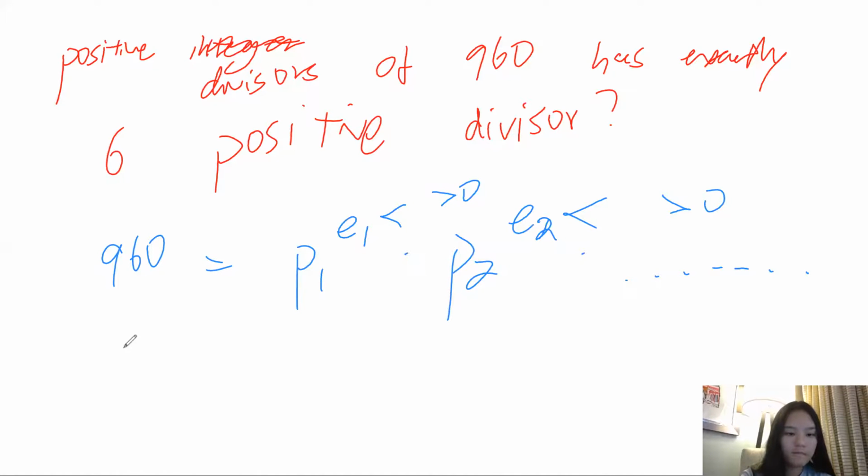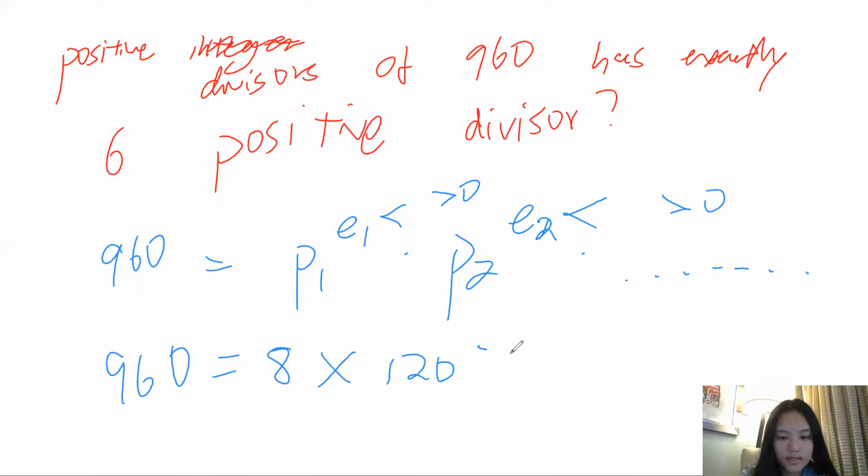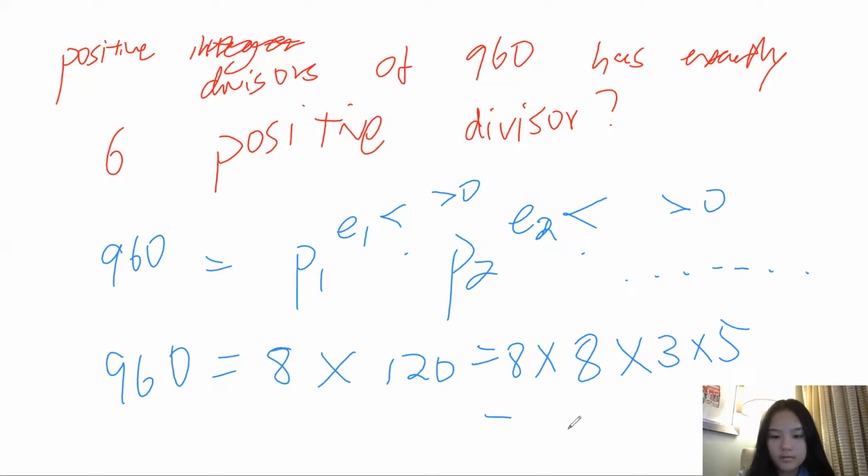So let's find the prime factorization of 960. What we know is that 960 is 8 times 120, which equals 8 times 8 times 3 times 5, and that's 2 to the 3rd power times 2 to the 3rd power times 3 times 5.